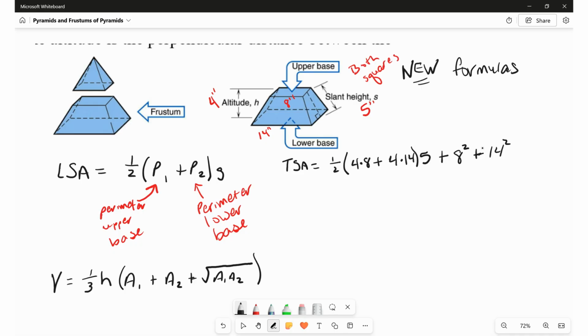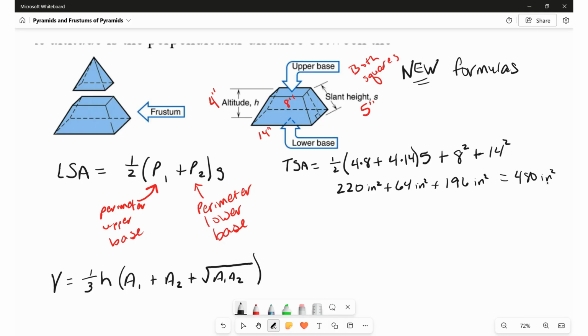When we put this in our calculator, your total surface area is going to be your lateral surface area of 220 square inches plus 64 square inches plus 196 square inches, which gives you a total surface area of 480 square inches.